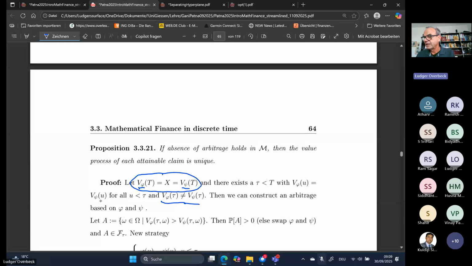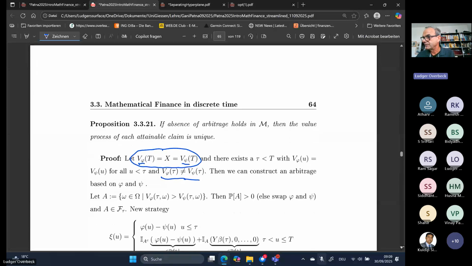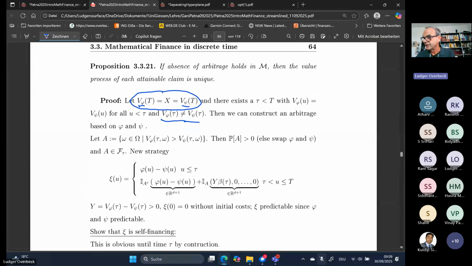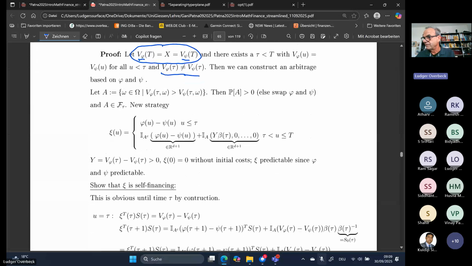So if you have an arbitrage, of course, there must be a first time where they are different. This might be 0, but then you can see that this gives you an arbitrage strategy. There must be a set of positive probability where one is larger than the other, or the other way around.